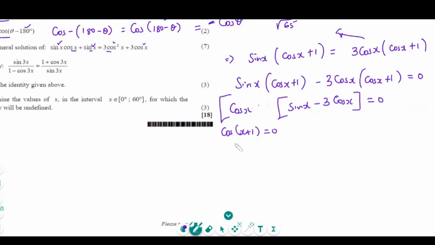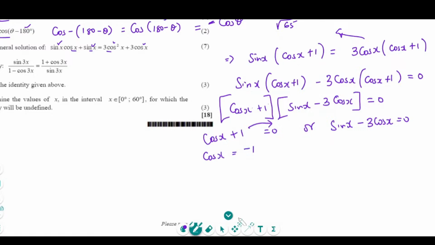Okay, so same even here, let me just fix that. I'm saying the cos x plus 1 is equal to 0, or we can have the sine x minus 3 cos x is equal to 0. So if I look at the first one, I can move the one that side, and then my cos x is going to be -1.